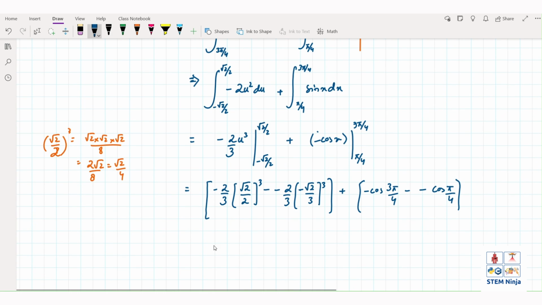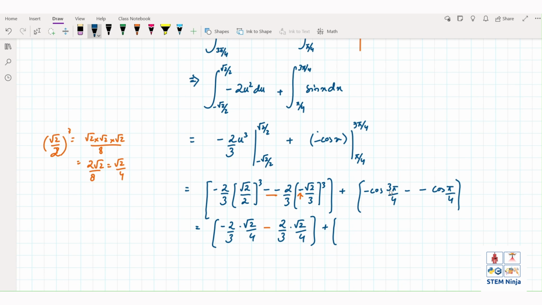So the first one becomes minus 2 over 3 times root 2 over 4. These two minuses become plus, but the cube of a negative number is also negative, so this becomes minus again. So minus 2 over 3 times root 2 over 4 again.